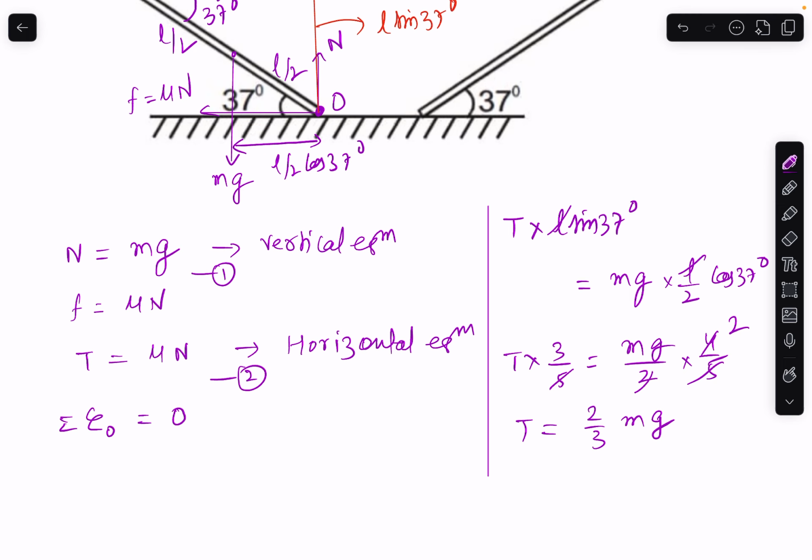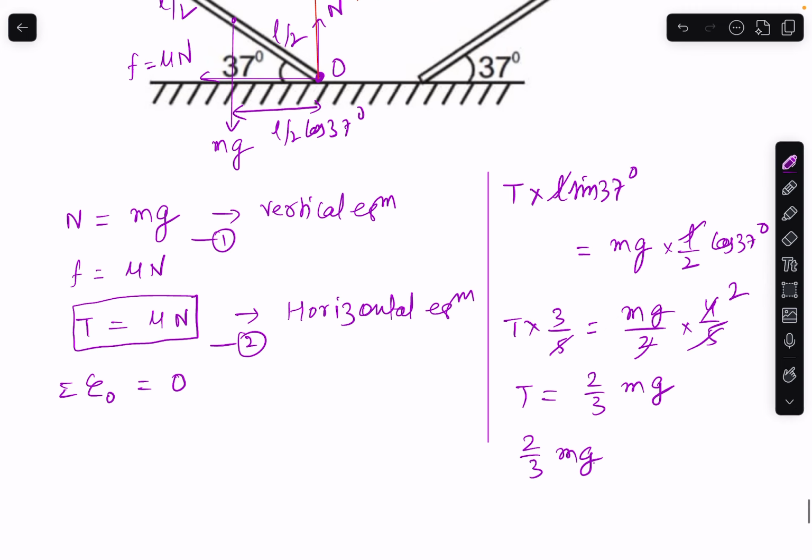If we put the value of T in equation 2, on the left hand side we have 2 by 3 mg, which must be equal to mu times normal reaction. We have calculated from equation 1 that it is mg. mg will get cancelled on both sides, and so mu will be equal to 2 by 3.